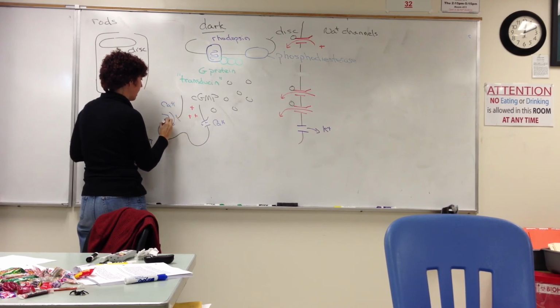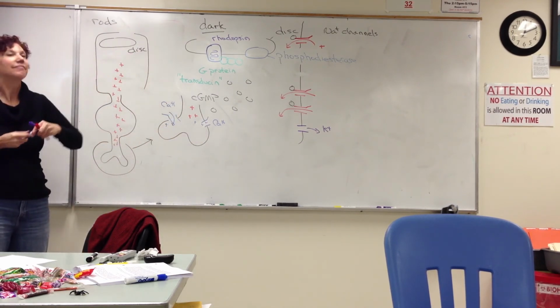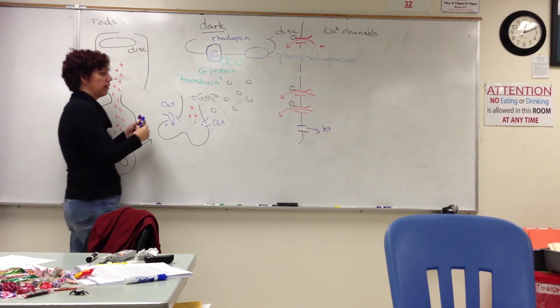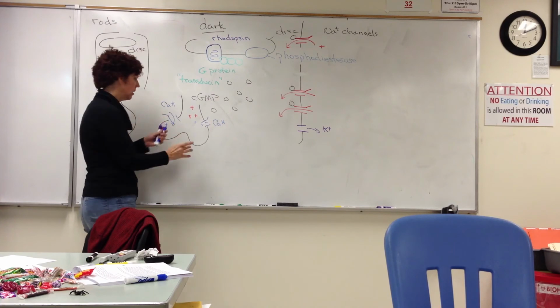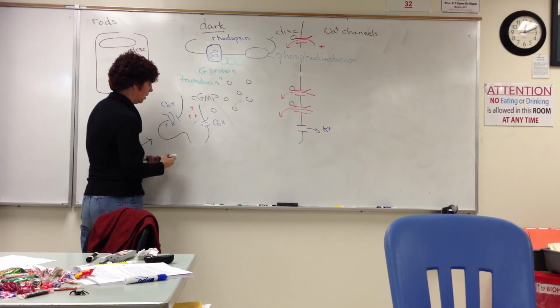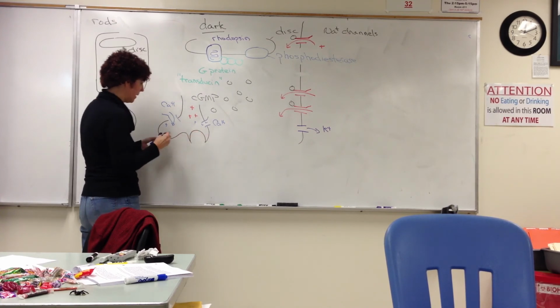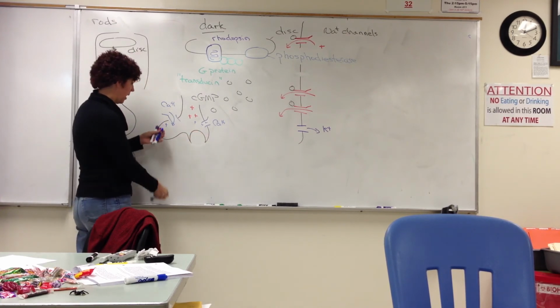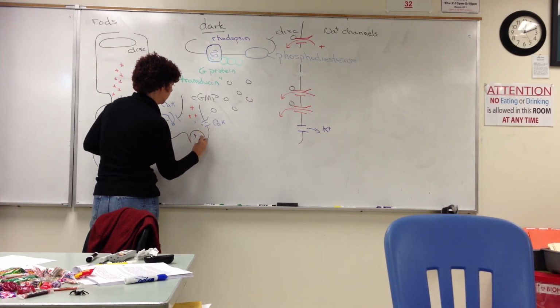What happens in the synapse when calcium enters the cell? The synaptic vesicles are capable of fusing to the membrane because of the synaptotagmin. And so the same thing happens here. Synaptic vesicles will be released from the photoreceptor, and their neurotransmitter is glutamate.